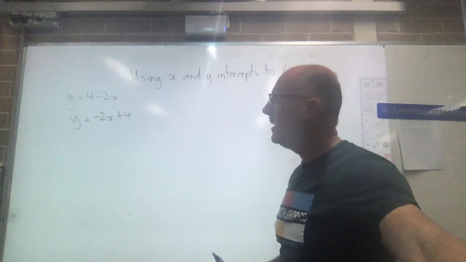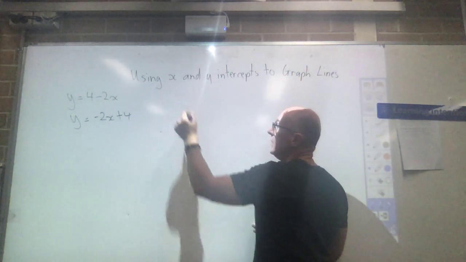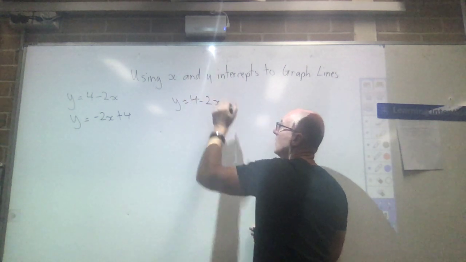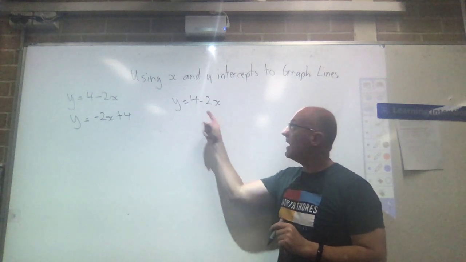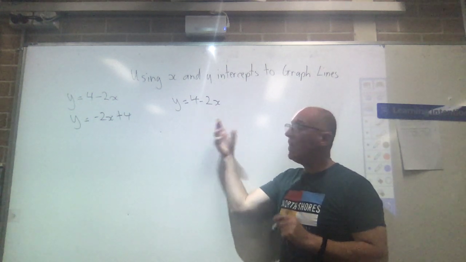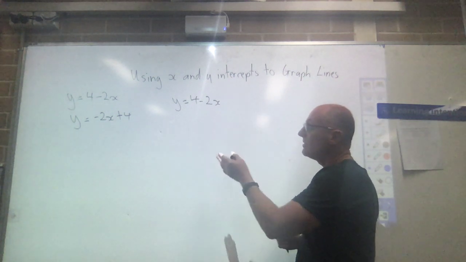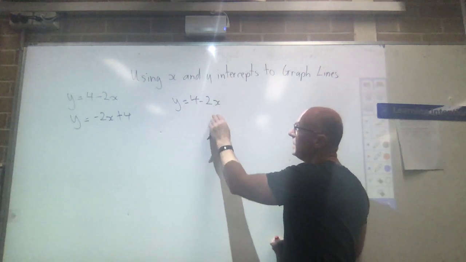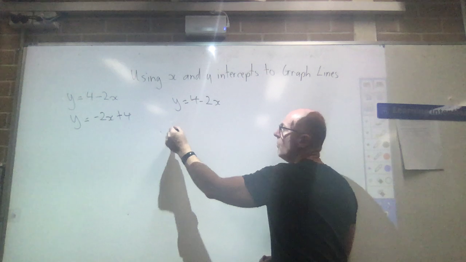Okay, so getting back to this equation again. Starting again, we've got y equals 4 minus 2x. What I want to know is where this straight line would not only cut the y-axis, but where it will cut the x-axis. So what we do is we let x equal 0 and we let y equal 0. I'll show you what I mean. Firstly, I'm going to find the y-intercept.